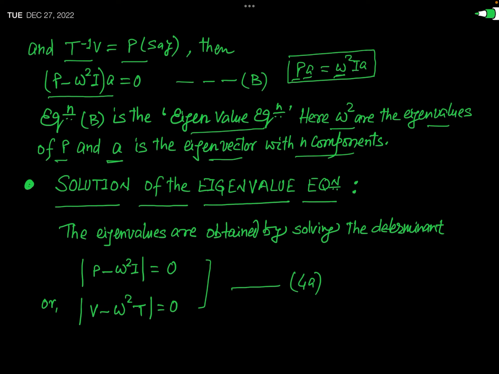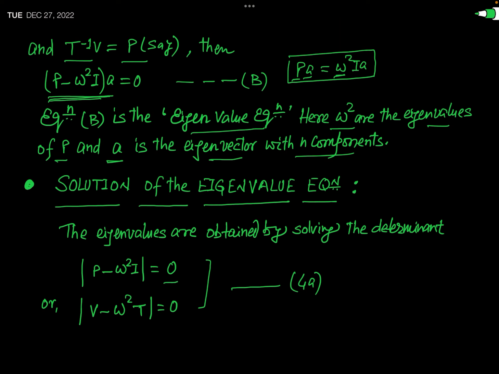Now, after getting this eigenvalue equation, we will try to solve it. You know that whenever we want to solve the eigenvalue equation, we have to write the secular equation. Secular equation means the determinant of P minus omega square I should be equated to 0.